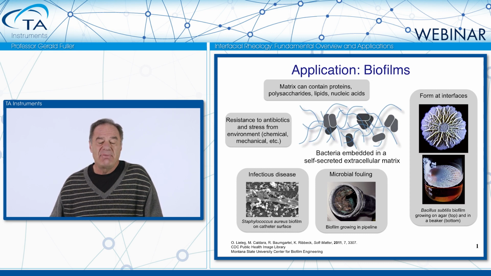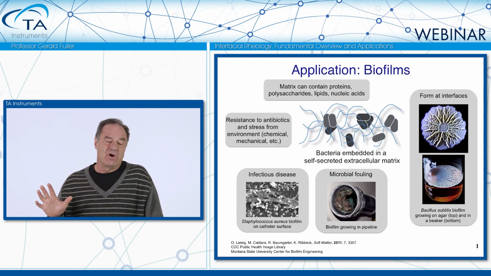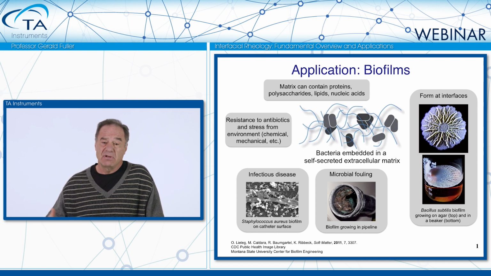In that case, they're called pellicles. But they grow everywhere, and they grow in our bodies, but they can also foul the hulls of ships. They can foul the internal parts of plumbing fixtures. They're a problem. So it's important to try to measure the viscoelasticity of these biofilms.